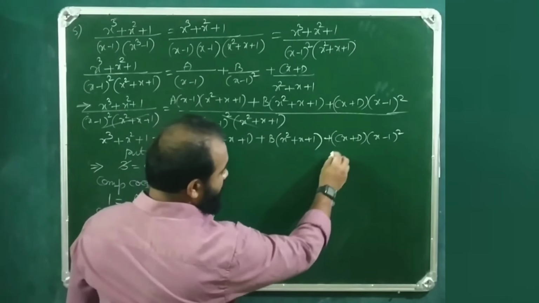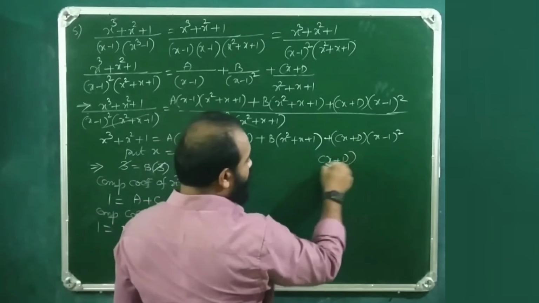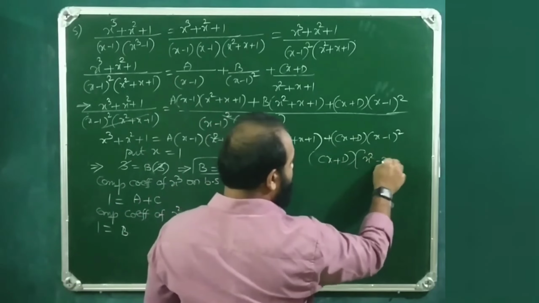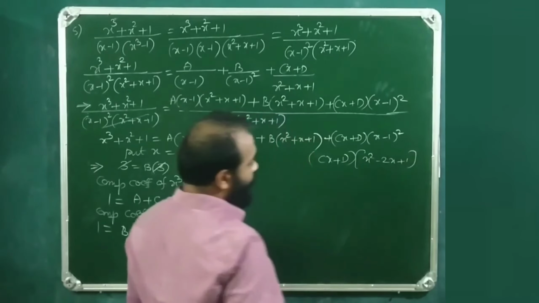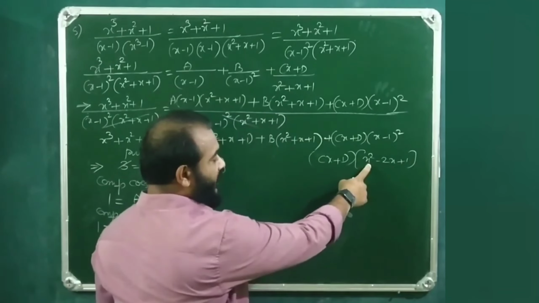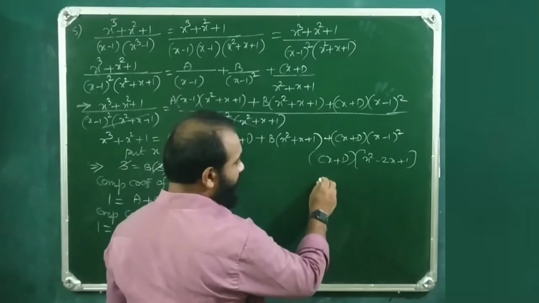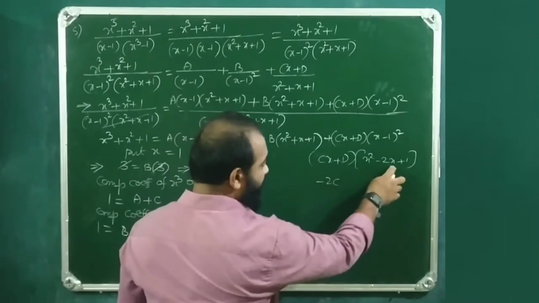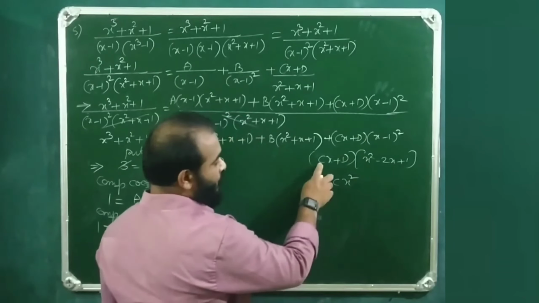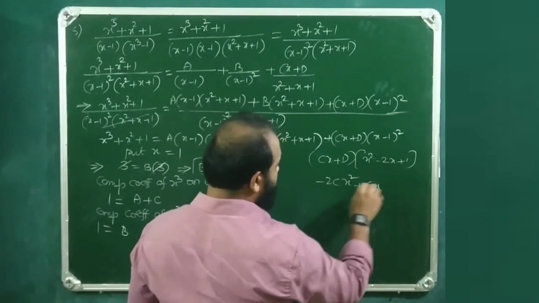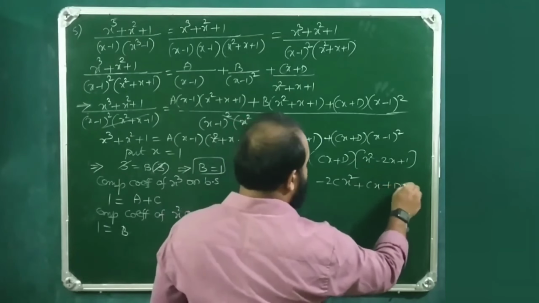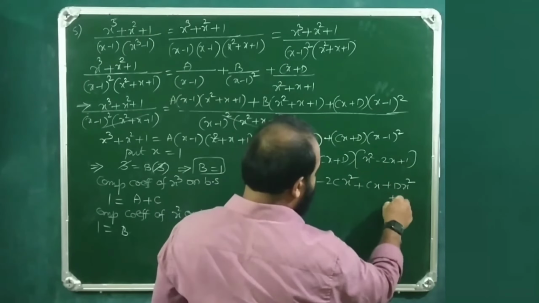So here (cx + d)(x² − 2x + 1). So cx into x², cx³; cx into −2x, so −2c x²; cx into 1 is cx; d into x², dx²; d into 1, d.